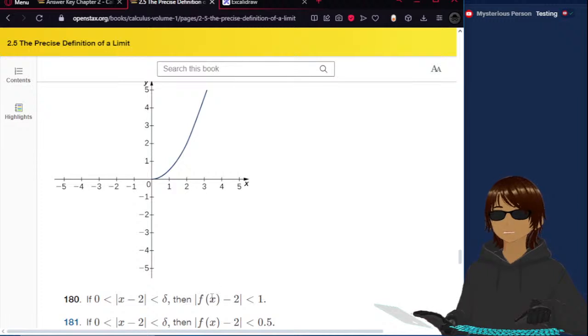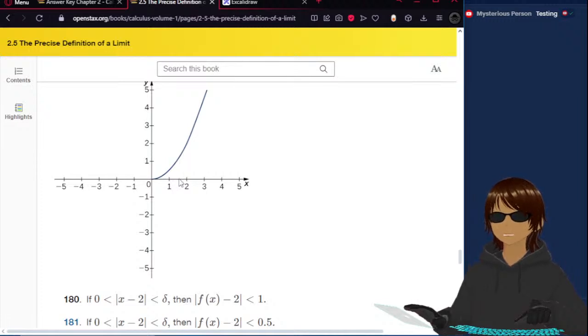Okay, if f of x minus 2 is less than 1, then x minus 2 is less than delta.